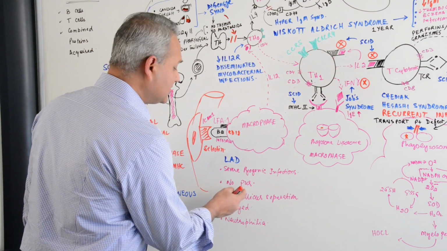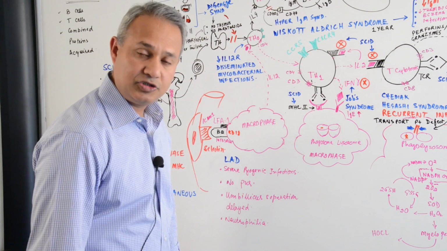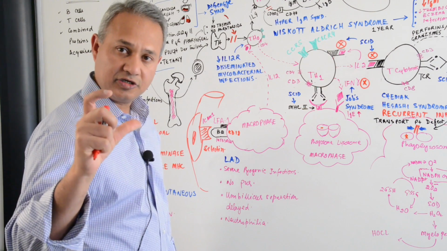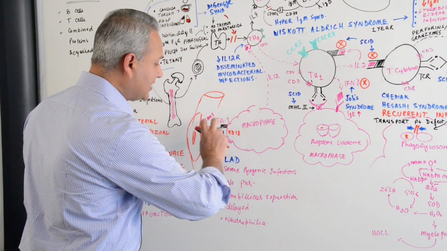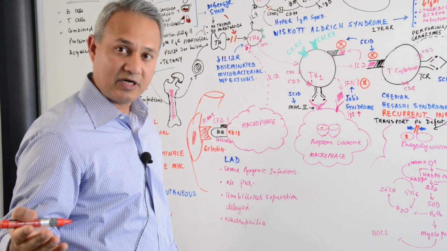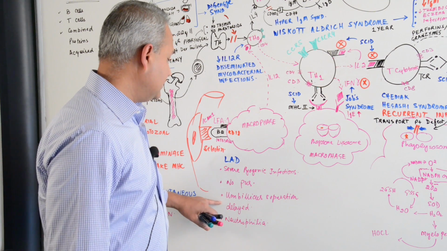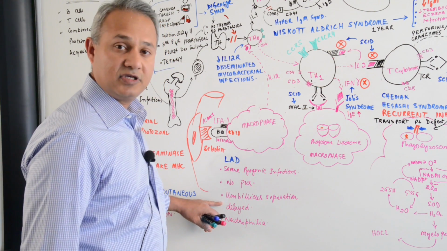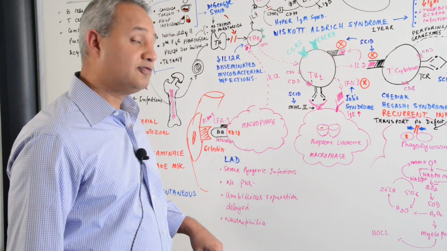Why? The pus is not normally present because it is the function of the inflammatory tissue, in addition to bacterial damage, to create the pus. Because the white blood cells are not extravasating from the blood vessels and into the tissue, there is no white blood cell or neutrophil to take care of the problem, so there is no pus there. The other indications at birth: umbilical separation is delayed, and then you would see neutrophilia.